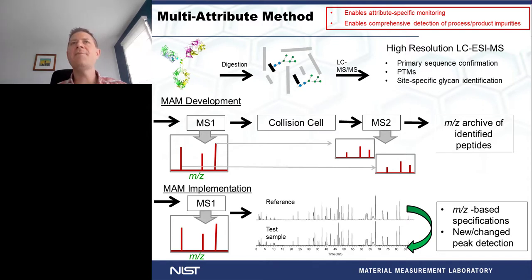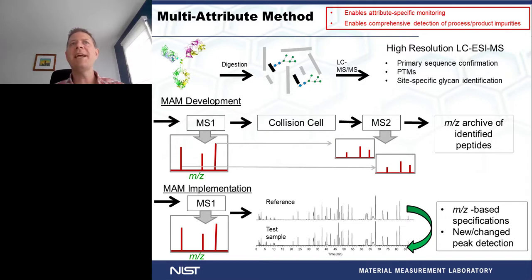We'll then analyze these peptides and glycopeptides with liquid chromatography hyphenated to mass spectrometry. And we can use then the mass spectrometry to, again, confirm that primary sequence, identify and quantify post-translational modifications, and perform site-specific glycan identification and quantification as well.